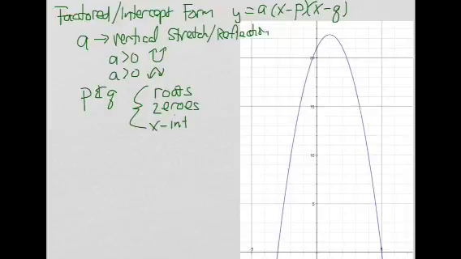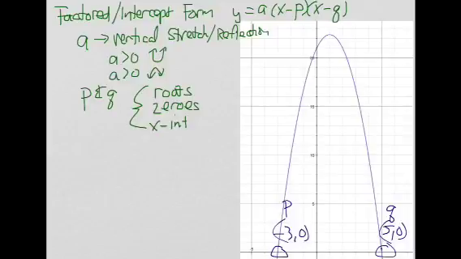But those are right out of the equation. The a does the same thing as it did in the other form. So if I can read the coordinates of those intercepts easily, and right here I have one at negative 3, 0, and I have one over here at 5, 0, I have my p and my q.